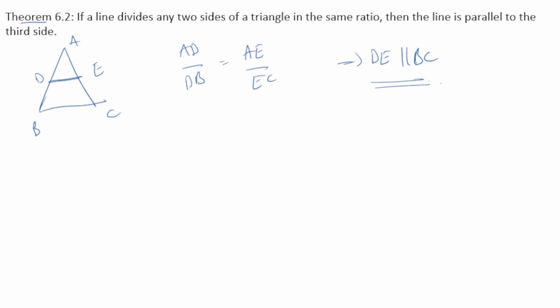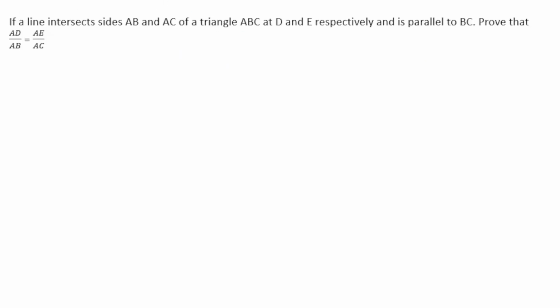Now we will solve a few questions. First one: if a line intersects AB and AC of a triangle ABC at D and E respectively, and is parallel to BC, we have to prove AD divided by AB is equal to AE divided by AC.